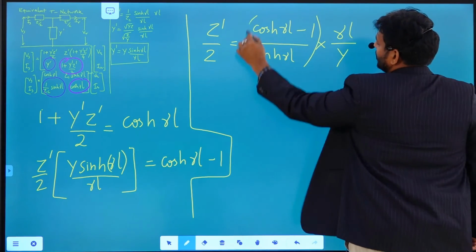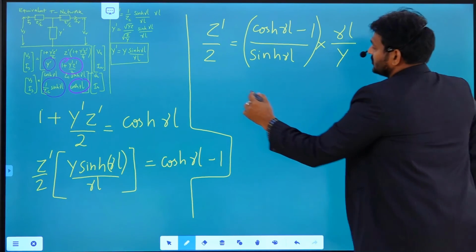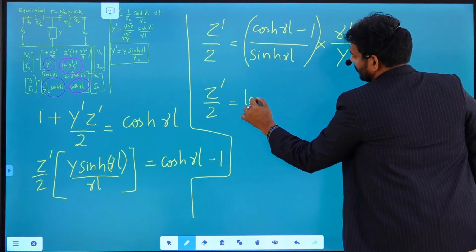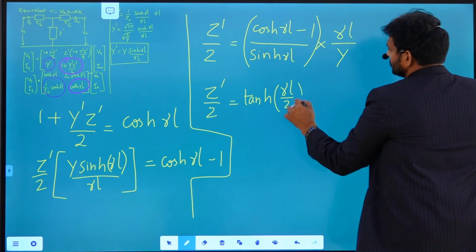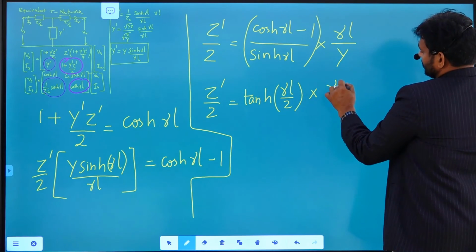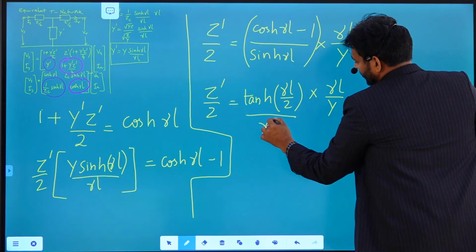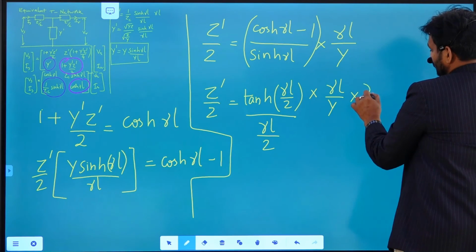This cosh of gamma L minus 1 upon sinh of gamma L is nothing but tanh of gamma L by 2 multiplied by gamma L by Y. For this you multiply and divide with gamma L by 2.